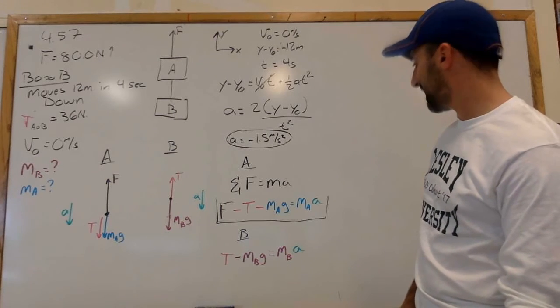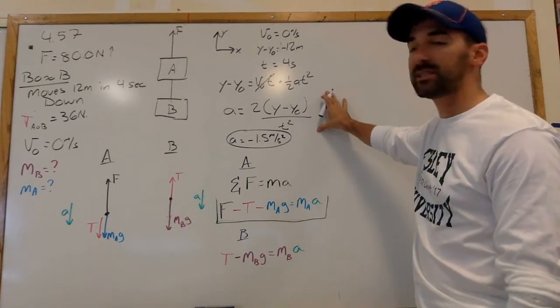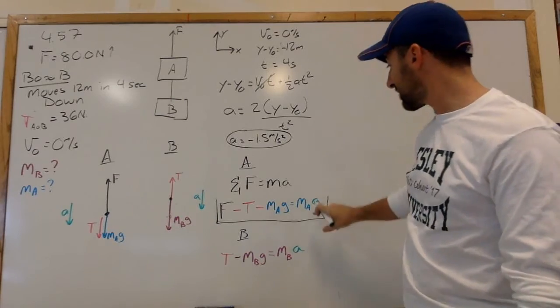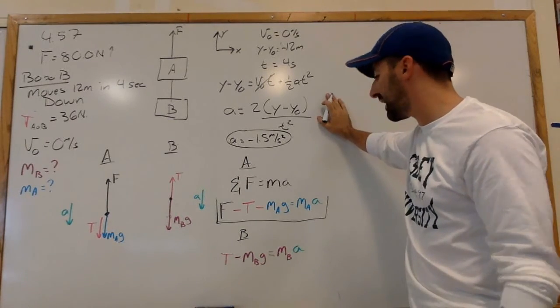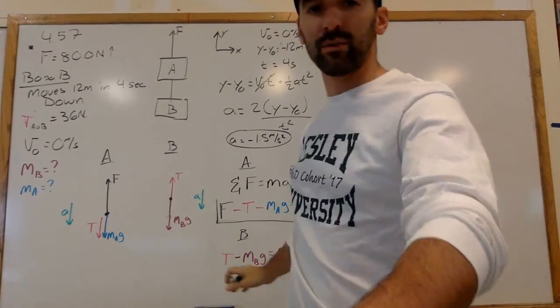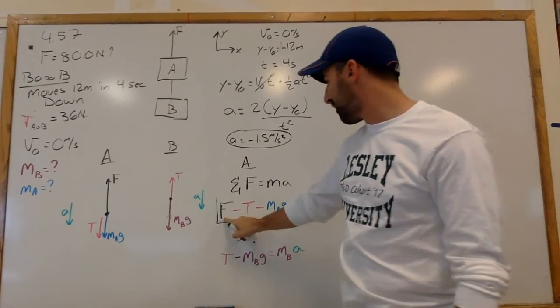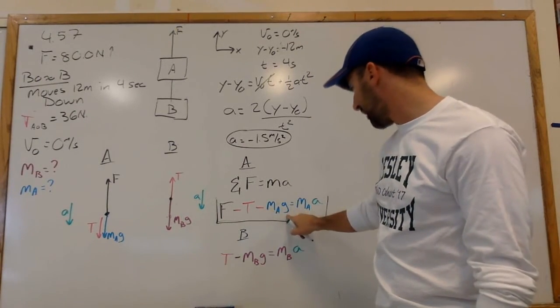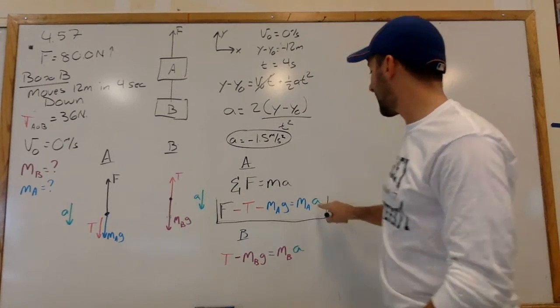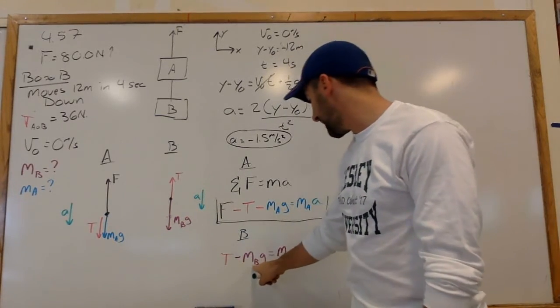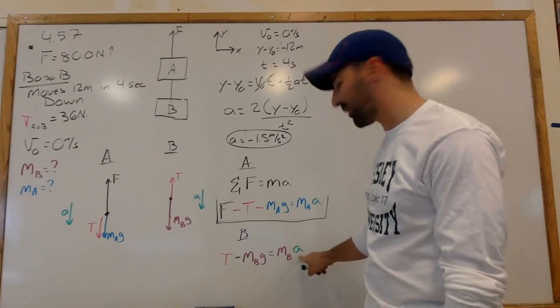As I'm figuring this out, I actually didn't even need to do this step. I've got 2 equations. If I never solved A, I have 2 equations and 2 unknowns. I know force, I know tension, I know gravity. If I didn't do this, I don't know acceleration. Here I know tension, I know mass, I know gravity, I don't know acceleration.